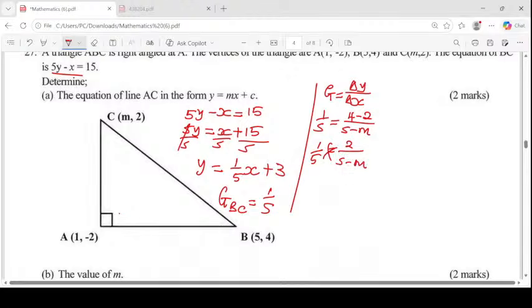When you cross multiply, you get 5 minus m is equal to 5 times 2, which is 10. Collecting the like terms, negative m is equal to 10 minus 5, so negative m is equal to 5. Divide by negative 1 on both sides, so m will be equal to negative 5.